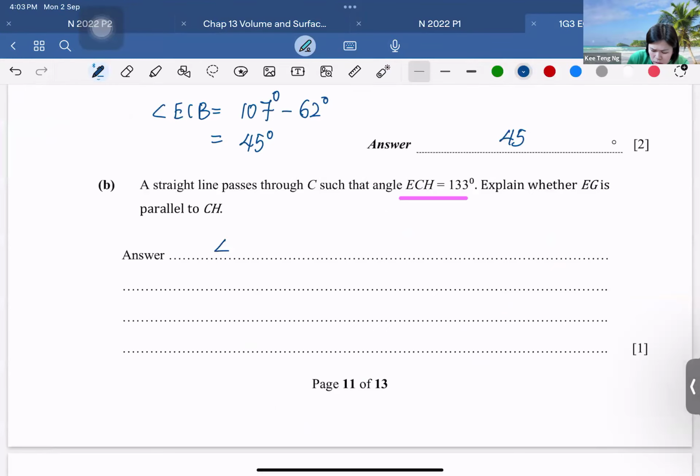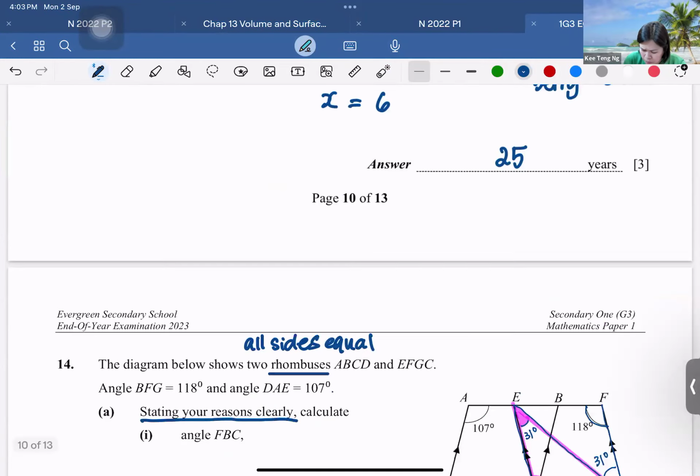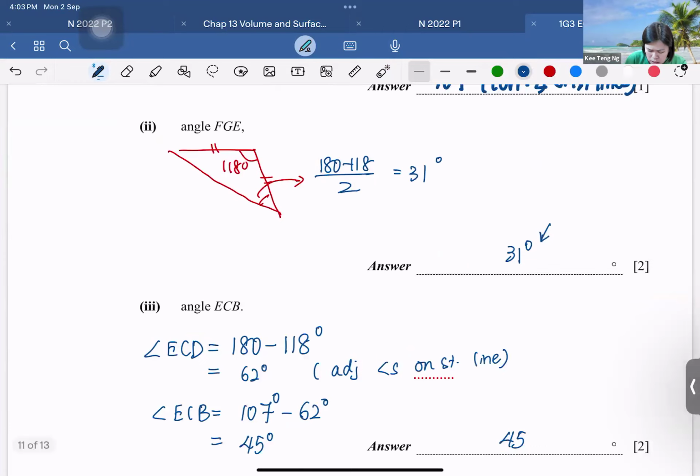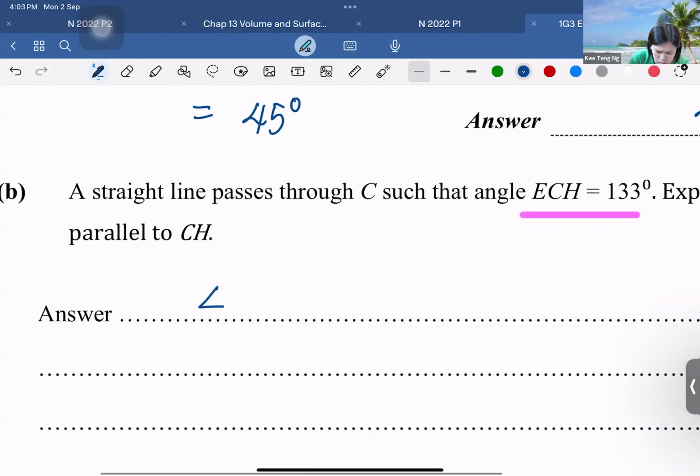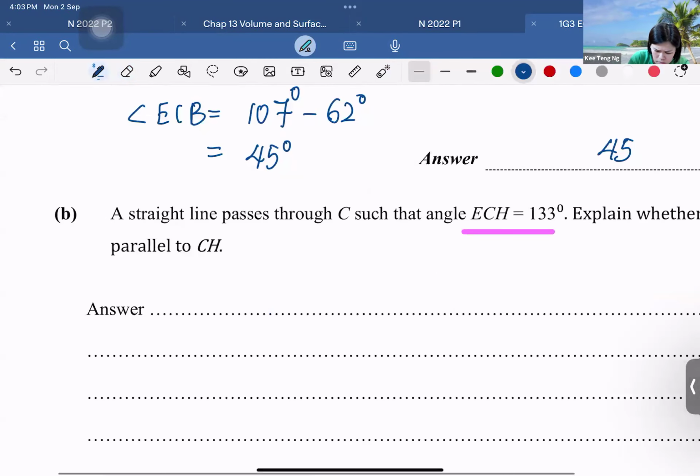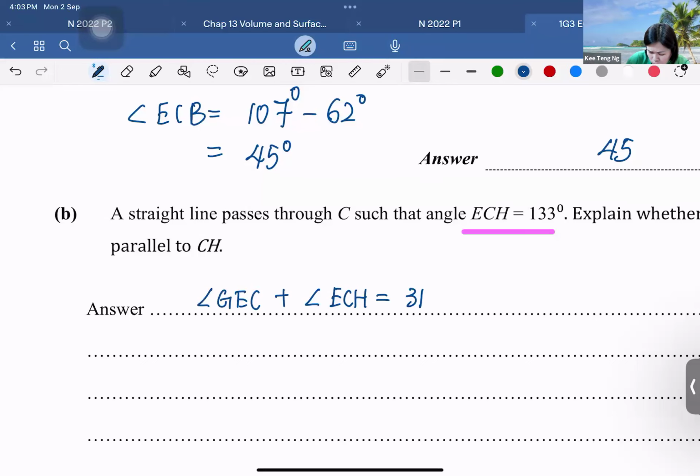So I say angle, what was the name of the angle? GEC. Angle GEC plus angle ECH equals 31 degrees plus 133 degrees equals 164 degrees.